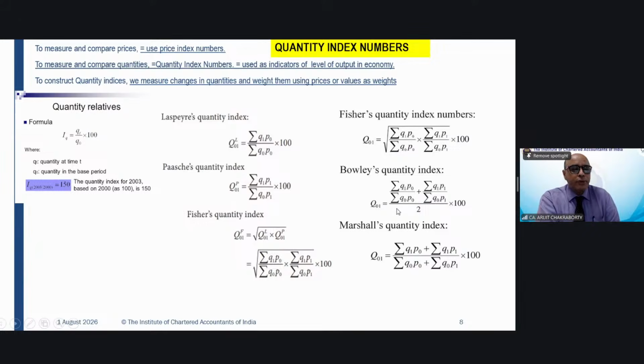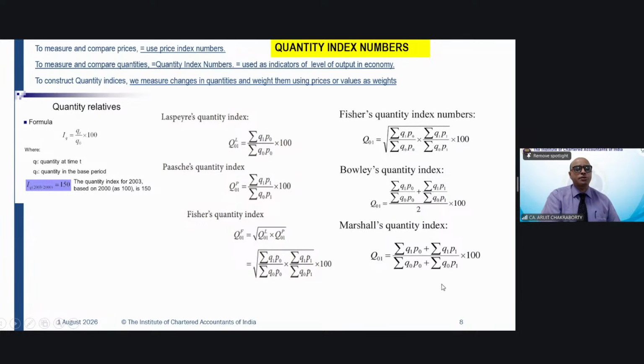You have sigma Q1P0 by sigma Q0P0, which is nothing but the last period's quantity index. And the second expression which you see, sigma Q1P1 divided by sigma Q0P1, this is nothing but the purchase index.